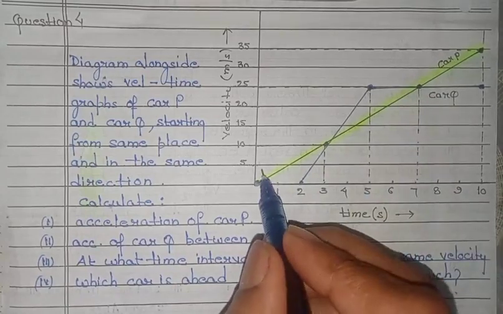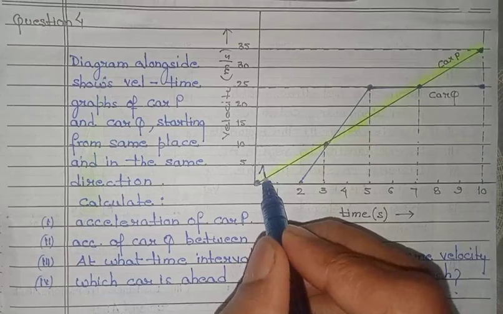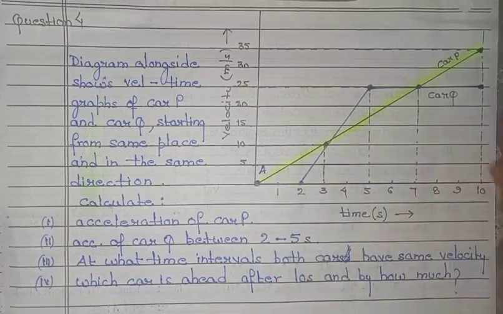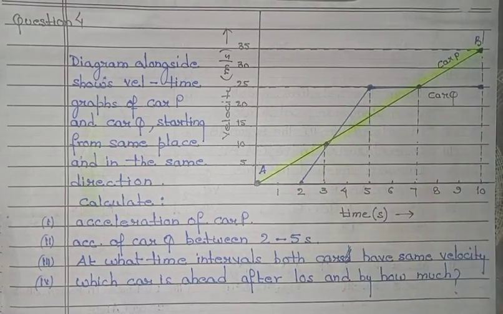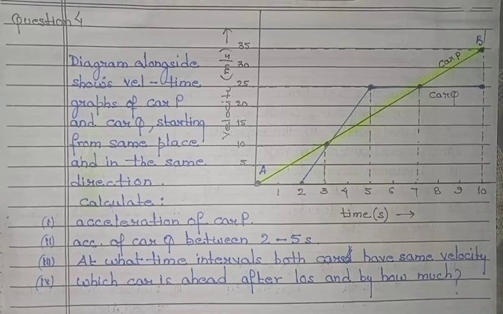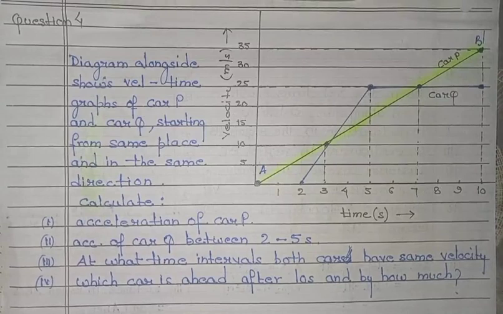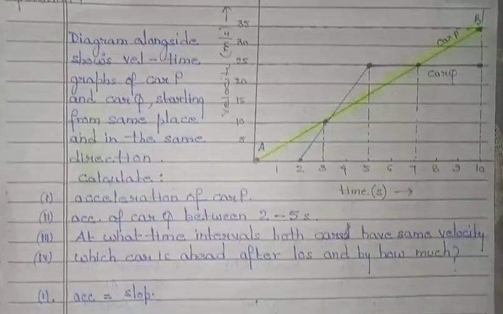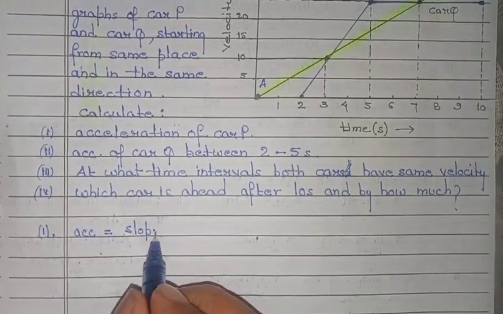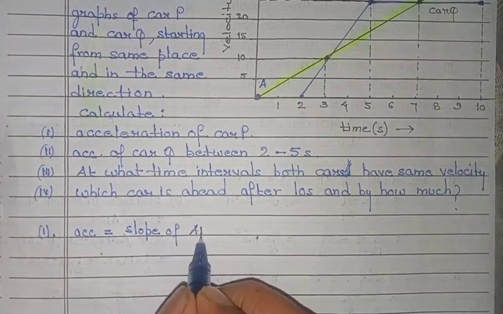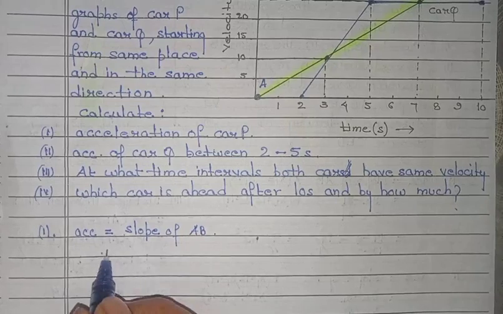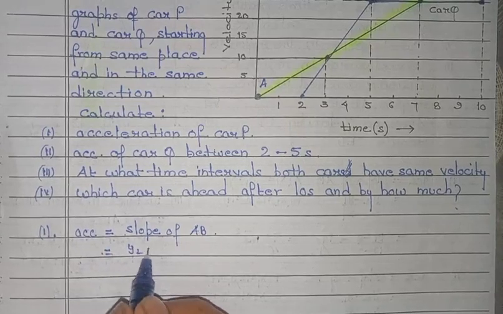So what we can do, we can mark these 2 points as A and B. So let's see how to get acceleration of car P. That will be equal to slope of AB, right? To get the slope of AB, this is the formula.